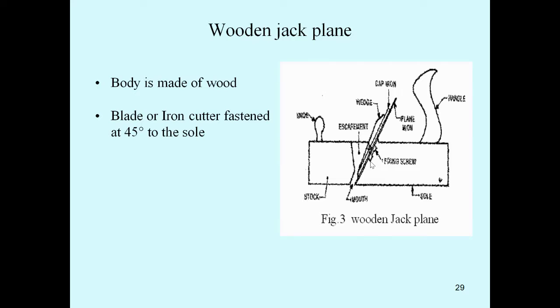The body is made of wood. So for wooden jack planes, the body or stock is made up of wood. Next, the blade or iron cutter is fastened to the sole at an angle of 45 degrees.